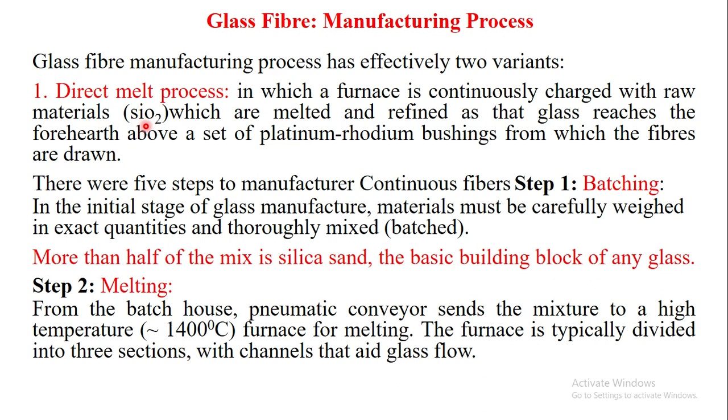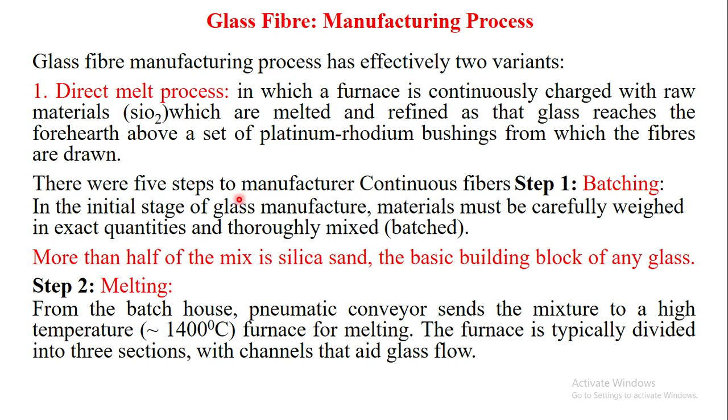The raw materials used for producing glass fibers are melted and refined as the glass reaches the forehearth, above a set of platinum-rhodium bushings from which the fibers are drawn.